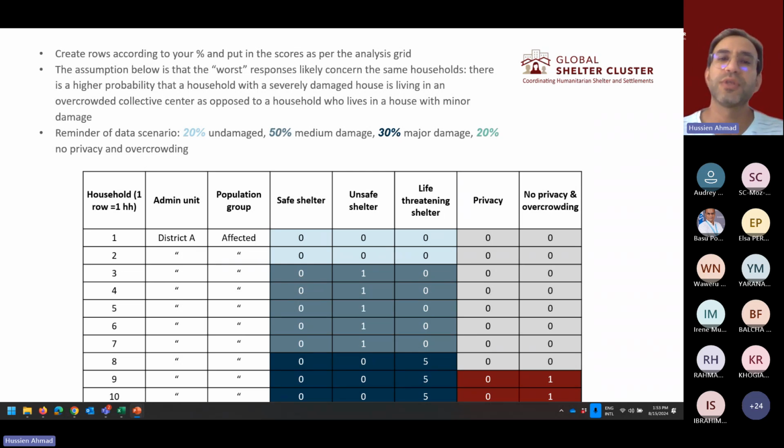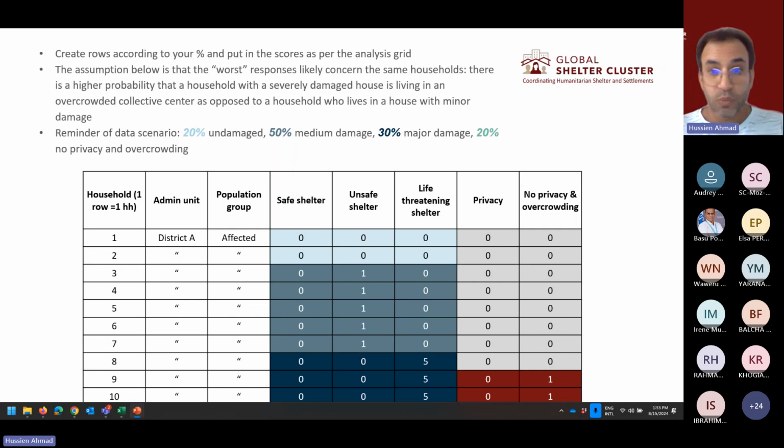Usually issues, they don't come scattered, they come more or less together. And I know this is an assumption, but this is what we can infer from the data. This is what we can learn from the data. And this is a fair enough assumption based on the experience that we know in the humanitarian context when a crisis hits.